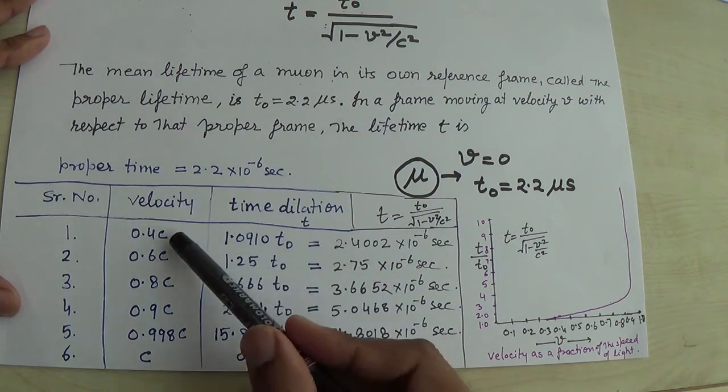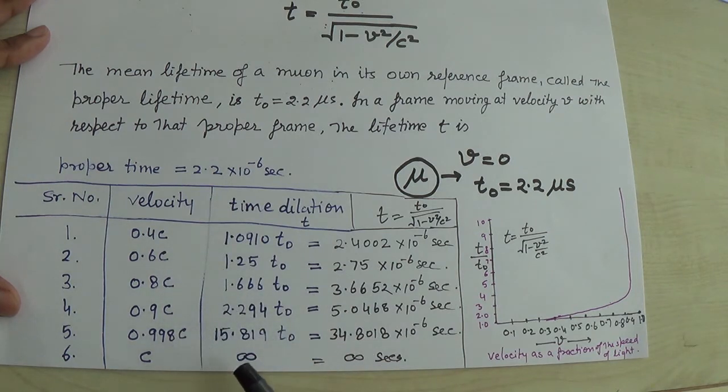So as the relative speed increases, you have seen that the time interval between the two ticks increases. It means the proper time between the two ticks of the clock, suppose 2.2, is now increasing, and increases up to infinite time.